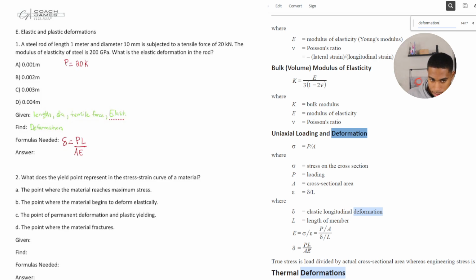Normally you're able to get your units to mesh well. If you're dealing with millimeters and meters and gigapascals and regular pascals, it's going to be confusing. So get everything in newtons and in meters if possible. So I got 20 kilonewtons, or 20,000.